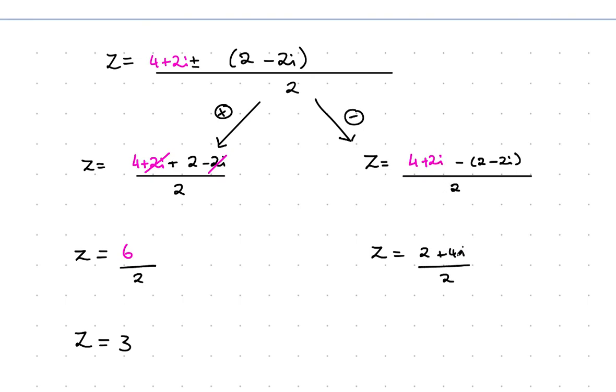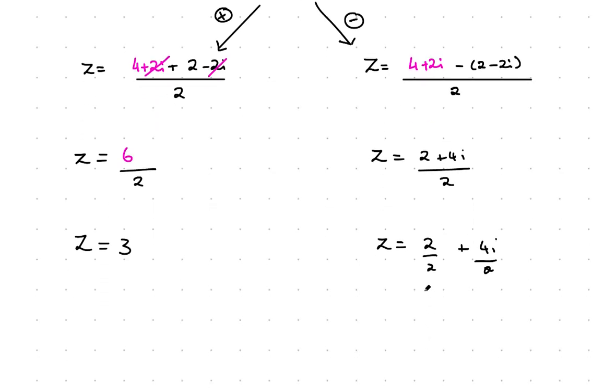And remember, I've said a few times that this is a real part and an imaginary part, and we have to write them as a real and an imaginary part separately, and we get 4 all over 4i all over 2 becomes 2i, and that 2 all over 2 became 1. And there we have our 2 solutions to that question.